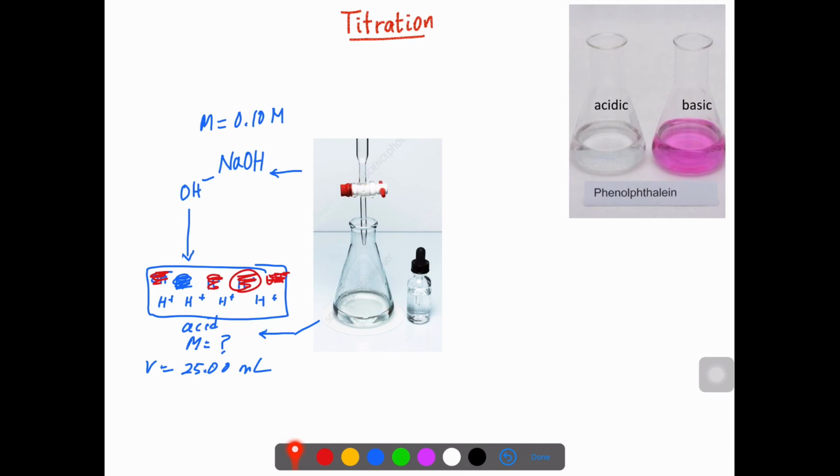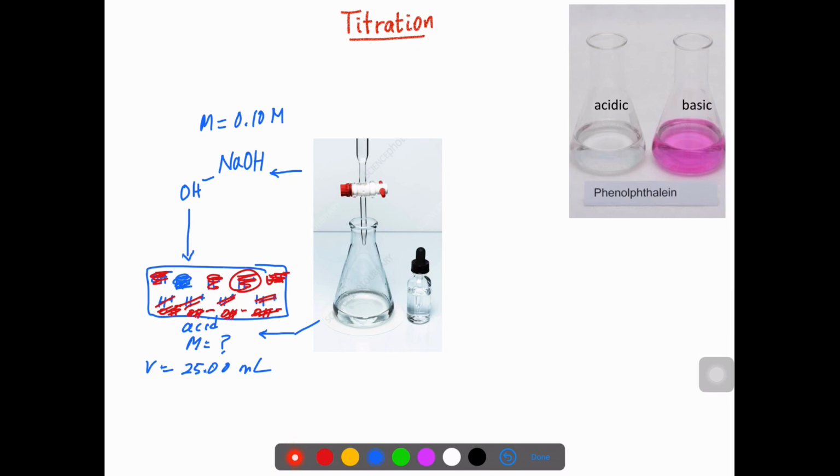Once you have added enough hydroxide, so let's say I added hydroxide, it neutralized a proton, another hydroxide, it neutralized this proton. You kept adding hydroxides, and let's say all the acid has been neutralized.